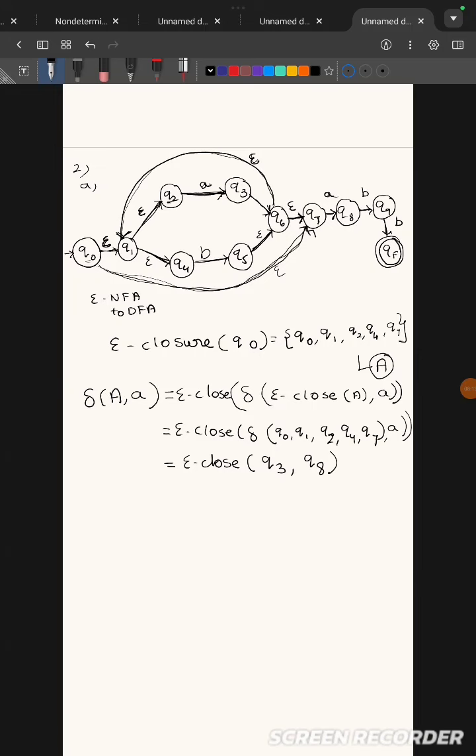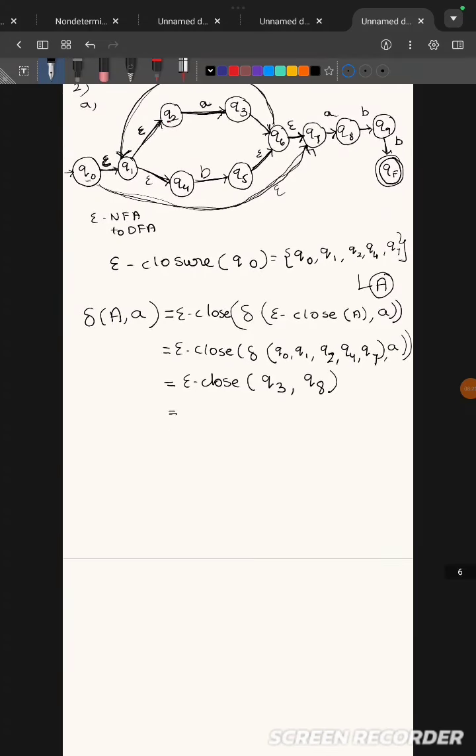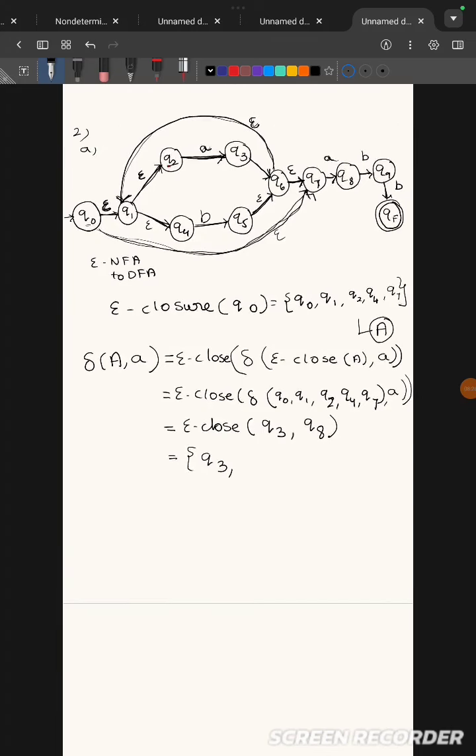Now for this Q3 and Q8, we have to find the epsilon closure. Like I said before, the epsilon closure of Q3 will definitely contain Q3. Now we have to see where Q3 is going by reading only epsilon. Q3 goes to Q6 by reading only epsilon.